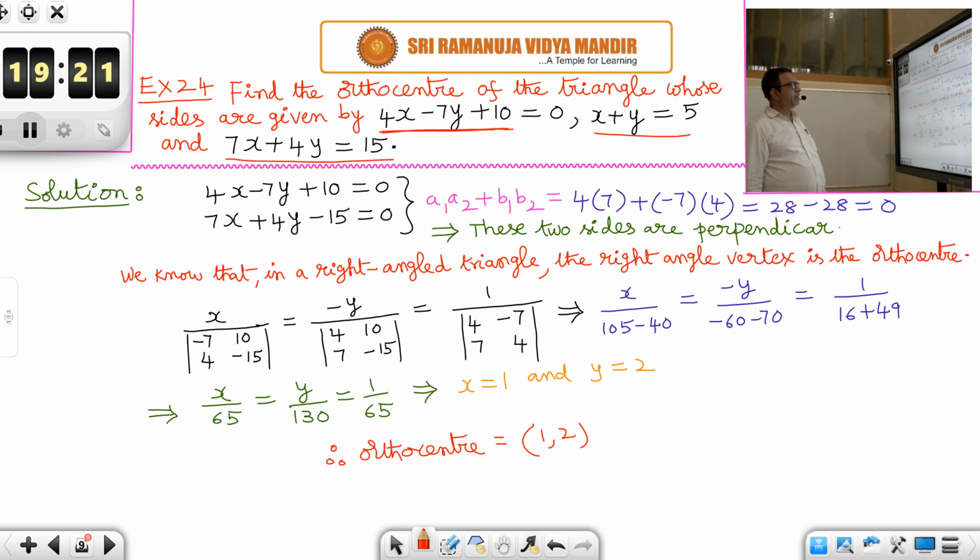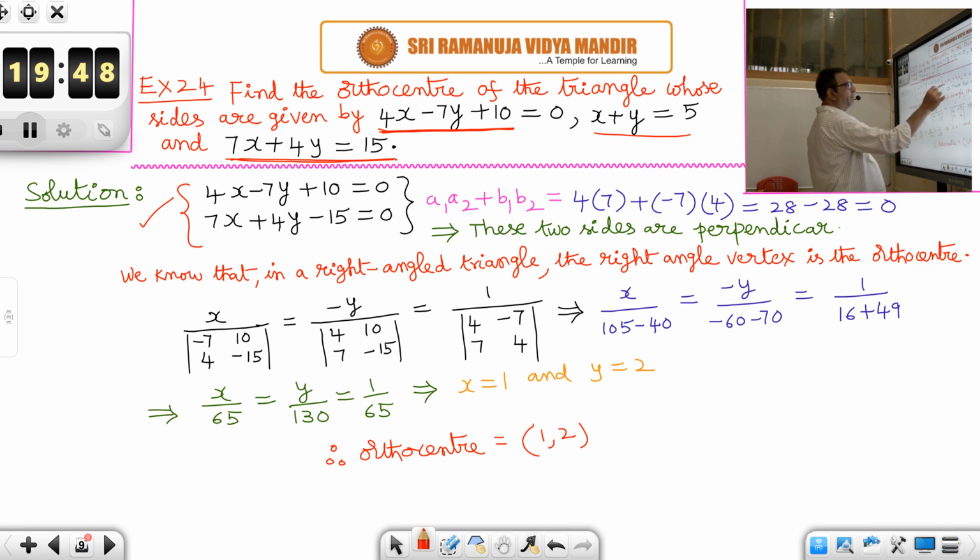What is your comment? The first line and the third line, did you notice that they are perpendicular? 4x minus 7y plus 10 equal to 0, 7x plus 4y minus 15 equal to 0 are clearly perpendicular to each other. Ax plus by plus c and bx minus ay plus k, they are perpendicular.